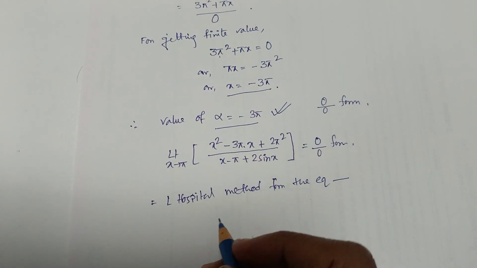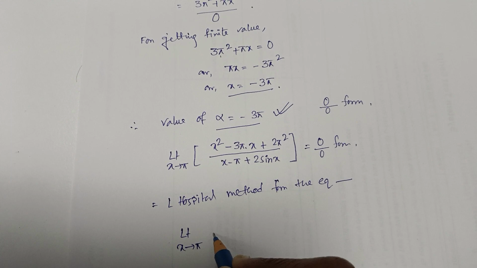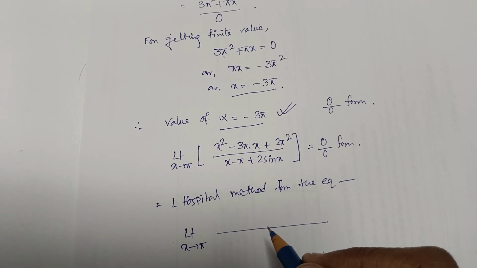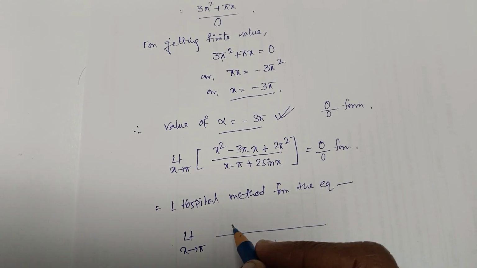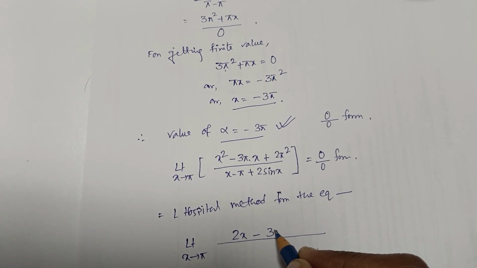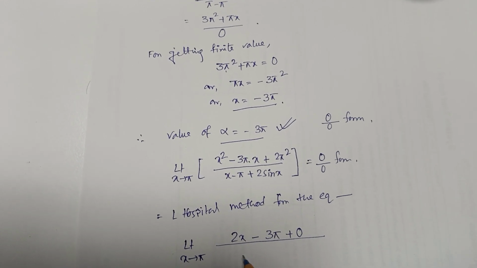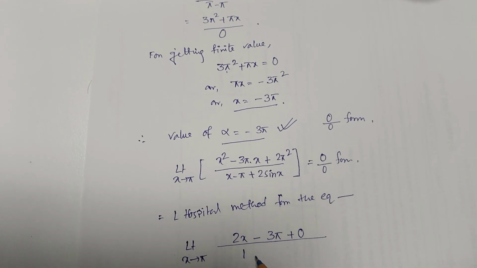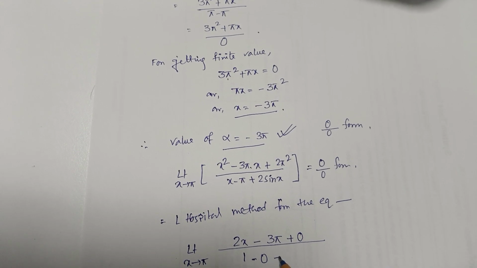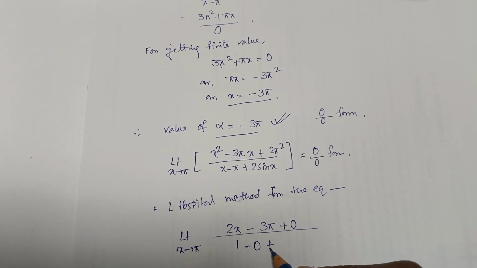If we apply the L'Hospital method, we take the first derivative of numerator and denominator. From the numerator we get 2x minus 3 pi plus 0, since 2 pi square gives 0. From the denominator we get 1 plus 2 cos x, since the derivative of sin x is cos x.